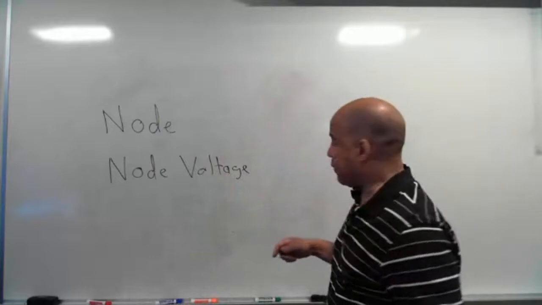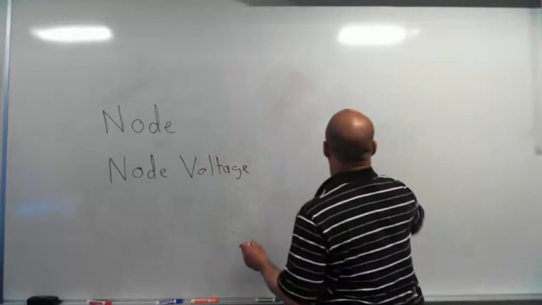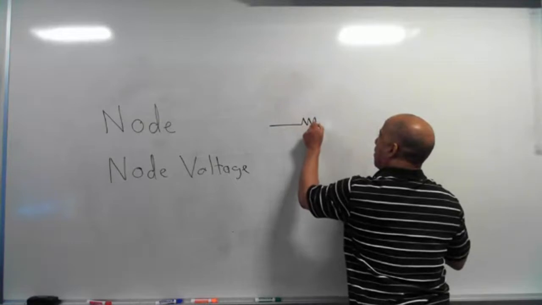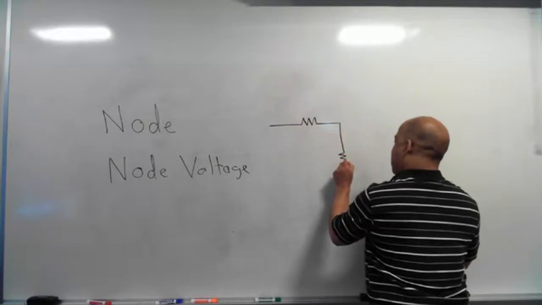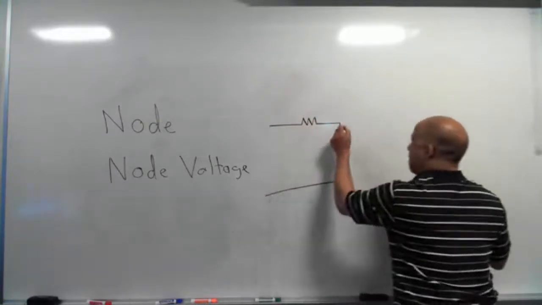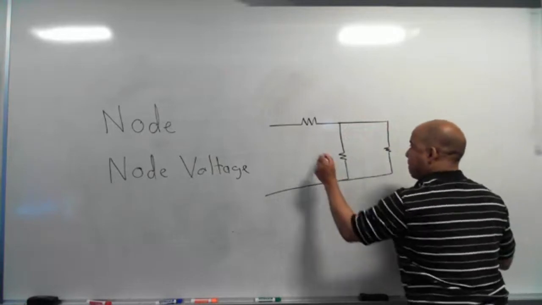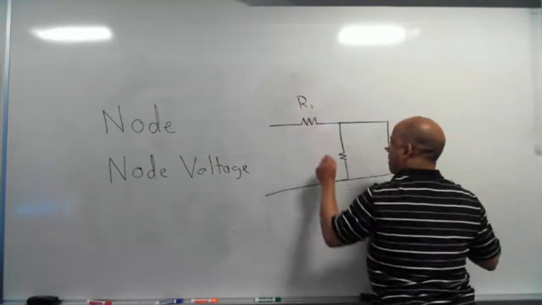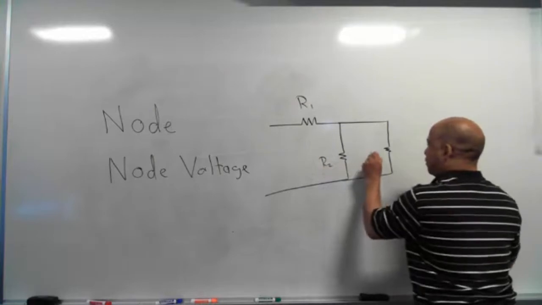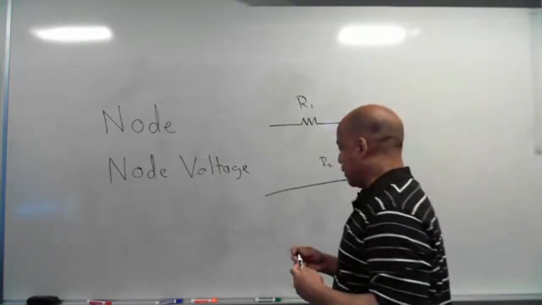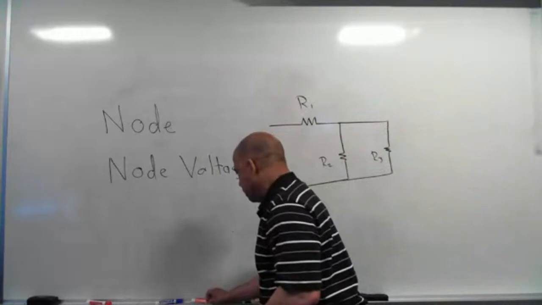Again, I'm going to draw the circuit like I had before. Now there are actually 2 nodes here. I'm going to circle the nodes.